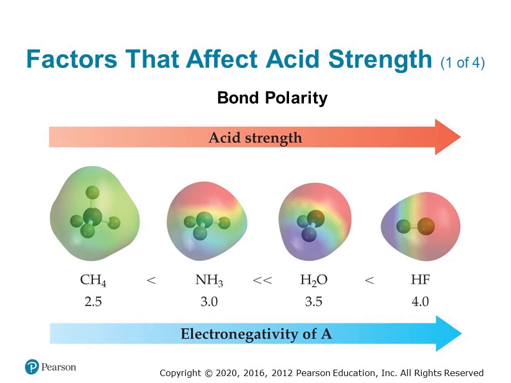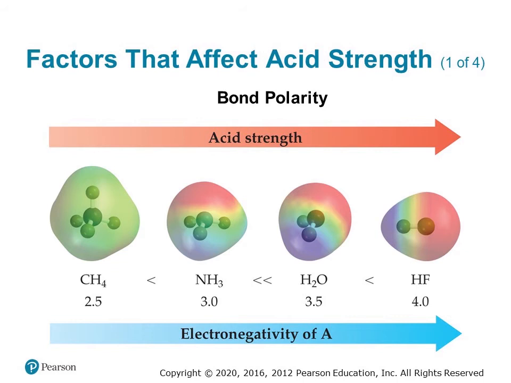There are certain trends that allow us to predict the relative strength of certain acids. The first group to consider are binary acids, or those that consist of only hydrogen combined with one other element. There are periodic trends that allow us to compare the relative strength of different binary acids.